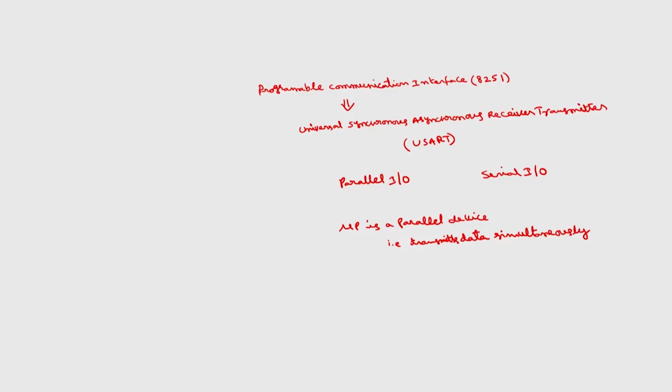So, we can have 8 bit data transfer or 16 bit data transfer. This type of I/O is called parallel I/O. In parallel I/O, we transmit the data in parallel, 8 bit or 16 bit depending upon the application.